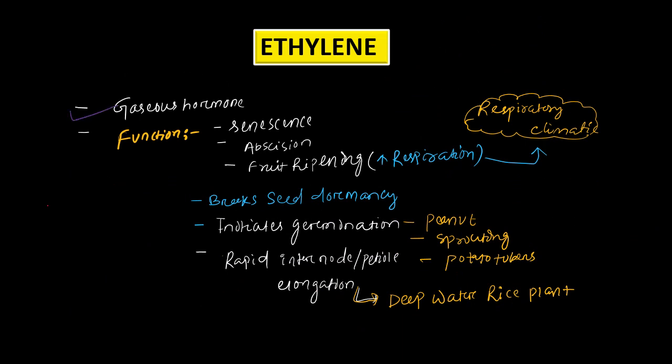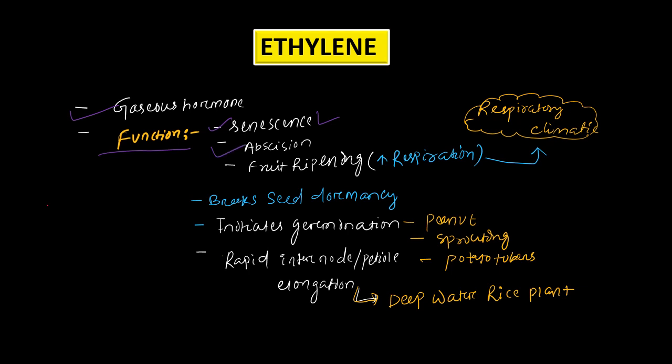Ethylene is the gaseous hormone; among all hormones, it is the only gaseous hormone. Its physiological functions: already discussed, it helps senescence. What is senescence? I already discussed this. Next is abscission.